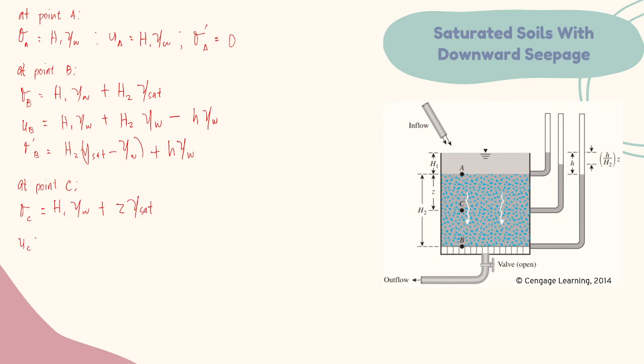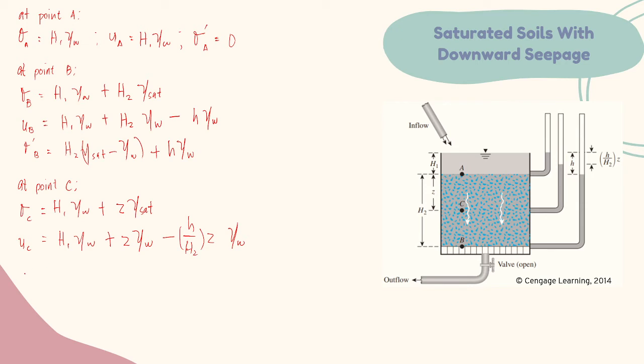For the pore water pressure at point C, we have H sub 1 times unit weight of water plus Z times the unit weight of water minus, we'll have to do some ratio and proportion here to determine the head loss at point C. So the head loss at point C is equal to H over H sub 2 times the depth Z, and times the unit weight of water.